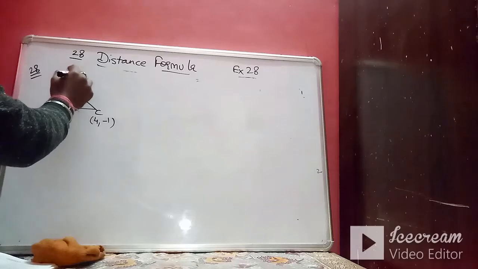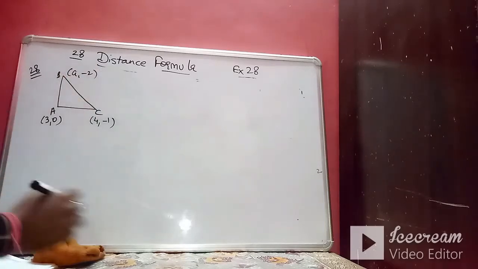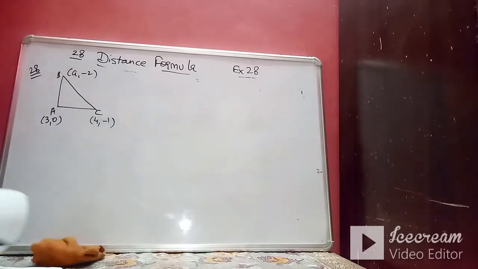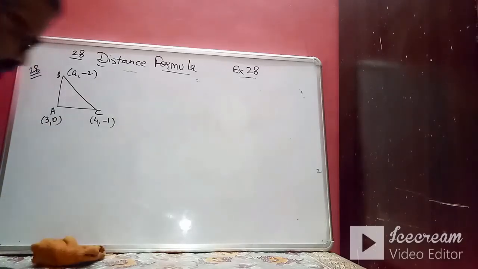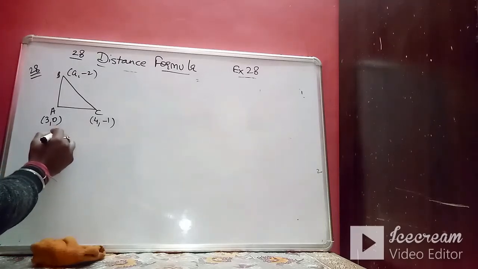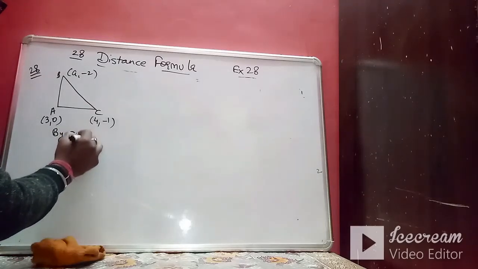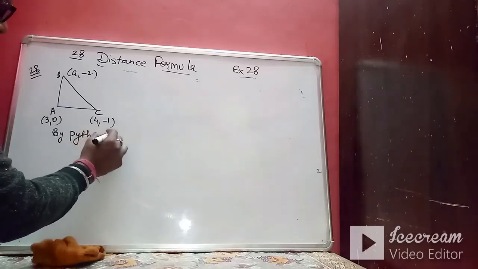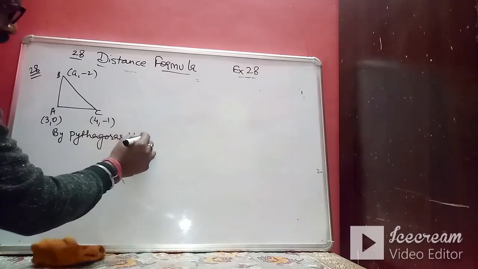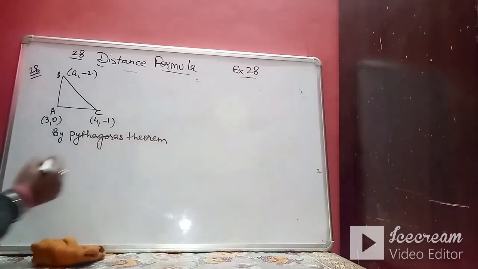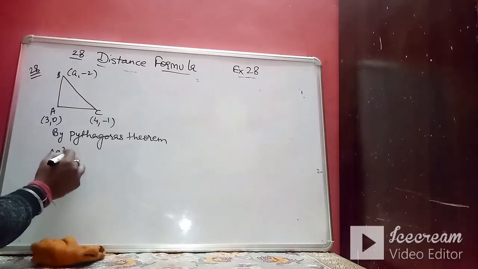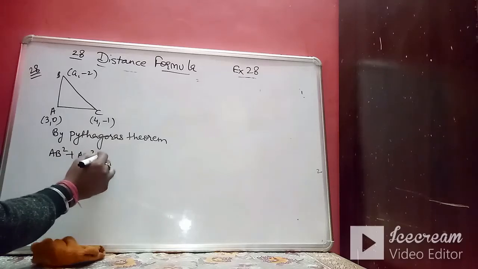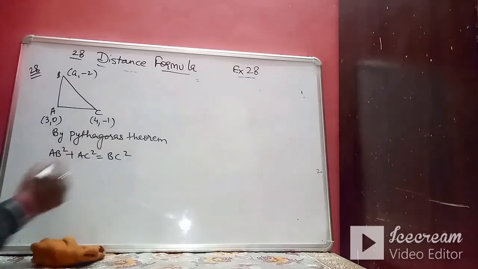We have to find the value of a. So what are we going to do? We are going to use the Pythagoras theorem, that is AB square plus AC square equal to BC square.